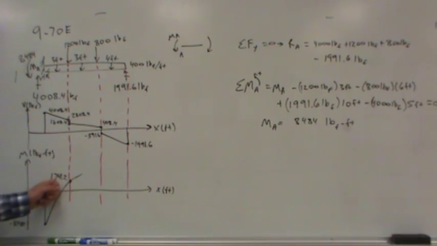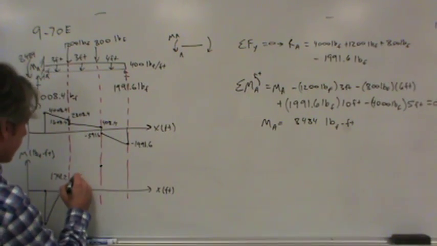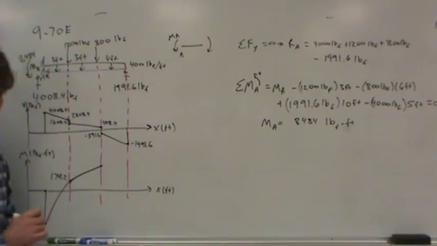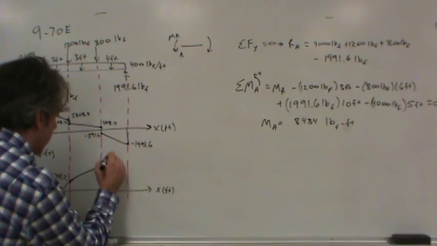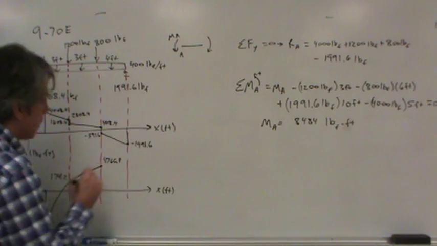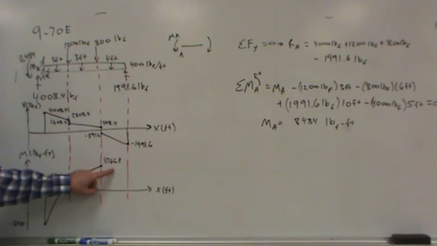So that's what we need to add to 1741.2 to figure out the value of the moment at this point. Okay. When I did that, I came up with 4766.4, the moment. And hopefully this area is 4766.4, right? That's our hope.